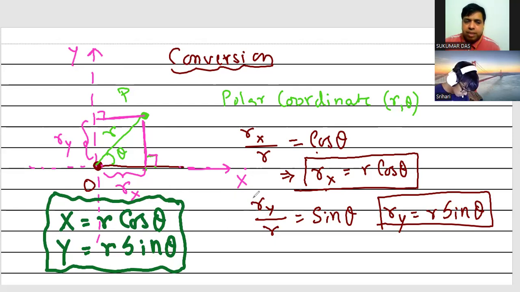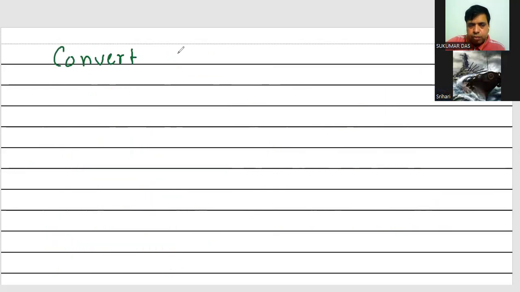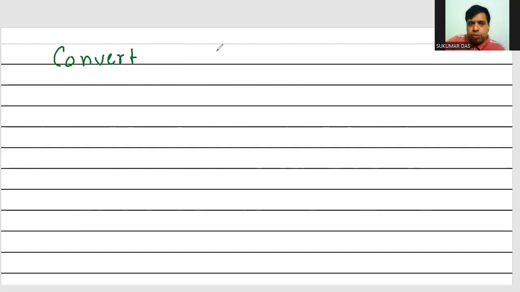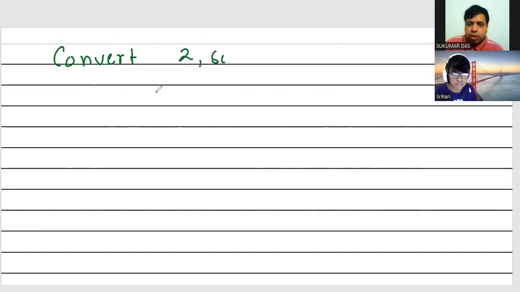Now we will see some examples. If R and theta are given, we can calculate x and y by using this. For example, if the question says convert (2, 60 degree), this is one polar coordinate of a point.